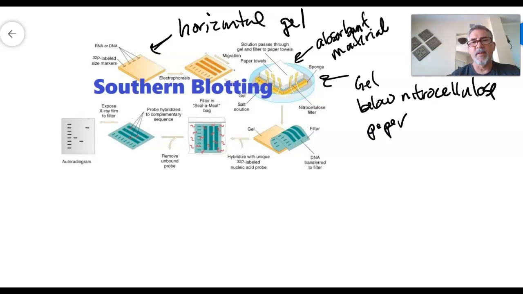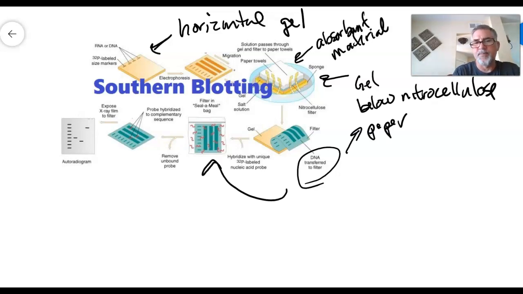With my absorbent material, they'll put a salt solution on top, and that salt solution, remember water follows salt, will draw the buffer up. When it draws the buffer up, my DNA is transferred to my nitrocellulose paper.